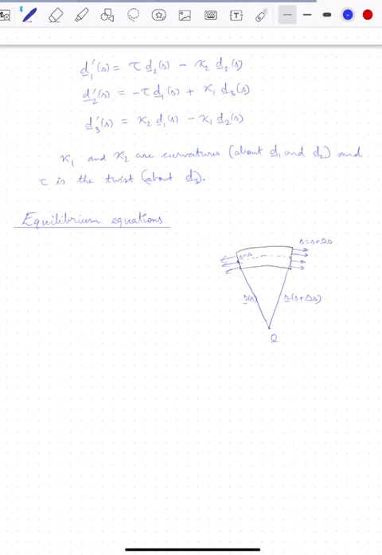So on that side we have capital F vector, or maybe we can just call it n vector of S, and this side we have n vector of S plus delta S. The segment length is delta S, a very small segment. And then we have some distributed body force, which we can call a vector of S.